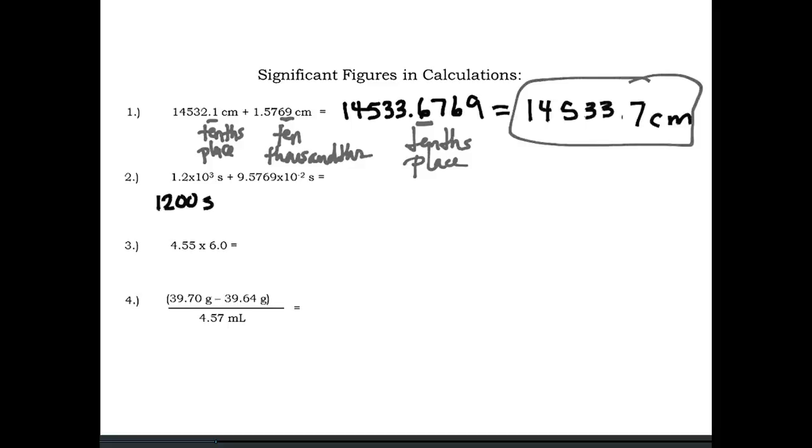This second problem, the issue here is that these numbers are given in scientific notation. So that first number, 1.2 times 10 to the third, is actually 1200, which is a very inaccurate, imprecise number because it's only accurate to the nearest 100 seconds. And that second number is actually quite accurate, a very small, teeny tiny time that I'm adding to 1200 seconds.